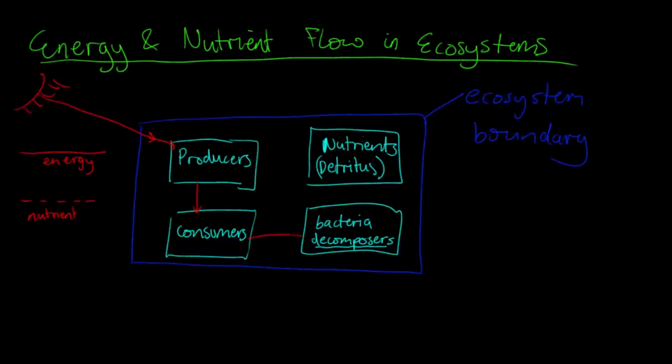So energy is going to be transferred to the bacteria. And then there's waste energy. The producers respire. Consumers respire. Bacteria also respire. And we get waste energy from respiration, usually in the form of heat.